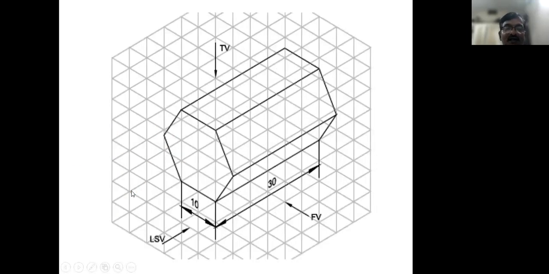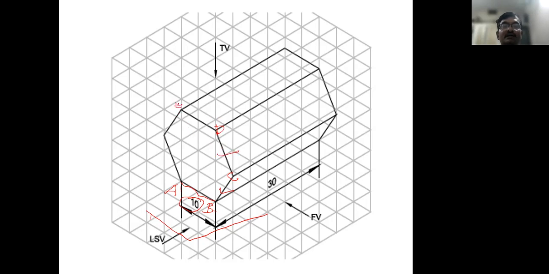Here is a hexagonal prism. In the actual hexagon, the side is given as 10 mm. This one is parallel to the isometric axis. AB is 10 mm, so we get the actual size. But BC, as per the dimension, is 10 mm in the object, but here it is lesser. B to D must also be 10 mm, but here it is different.